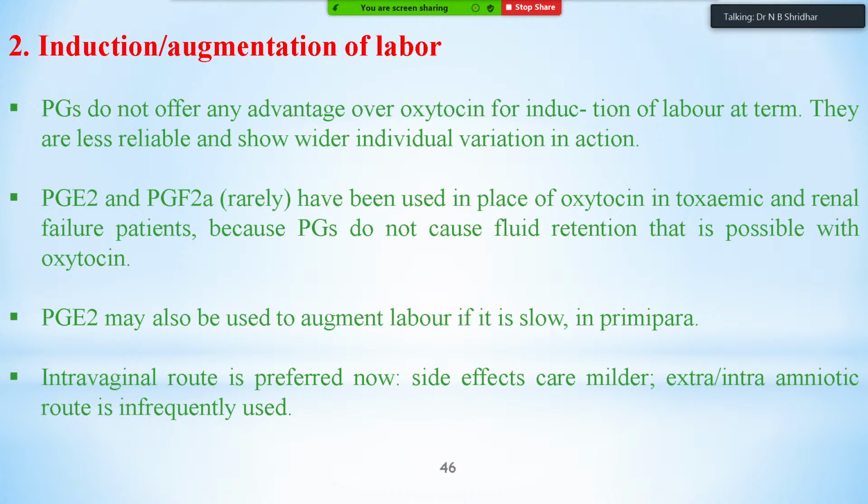And PGE2 may also be used to augment the labor if it is slow in case of the primiparous animal. And the intravaginal route is also preferred now. Side effects are milder. Intraamniotic route is infrequently used, of course.